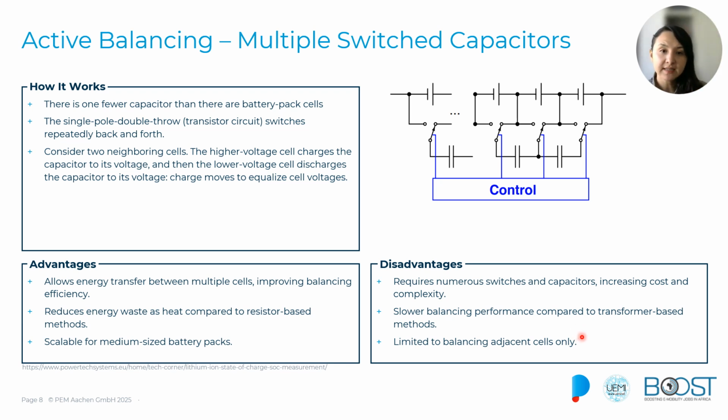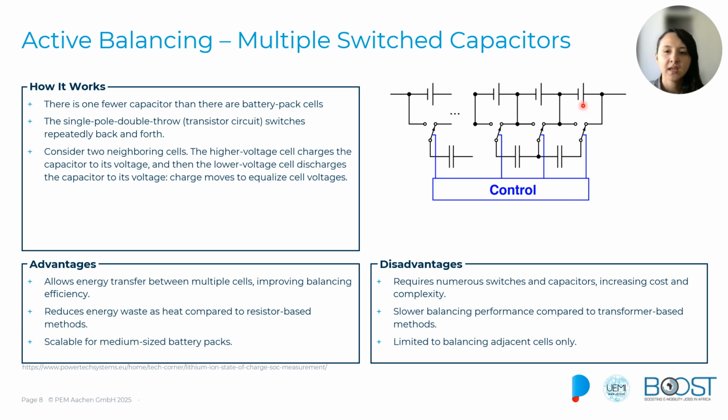And finally, in this particular case, the balancing process occurs in very discrete steps. It means that it might take longer compared to other active methods, especially because in this case we are limited to transferring energy only between adjacent cells.